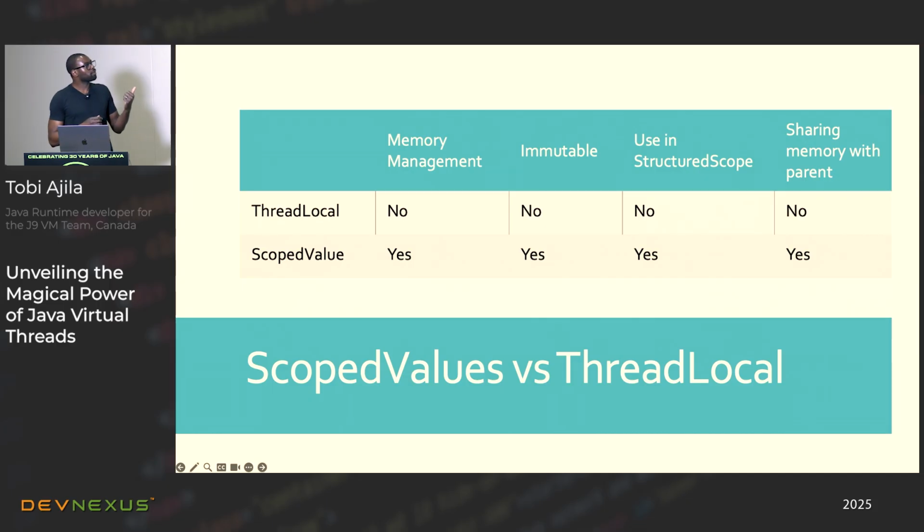With scoped values, they're all sharing the same underlying memory. So if you create a tree of concurrency, you're not expanding the number of values. It's still the same values, and they're all shared by all the child tasks.